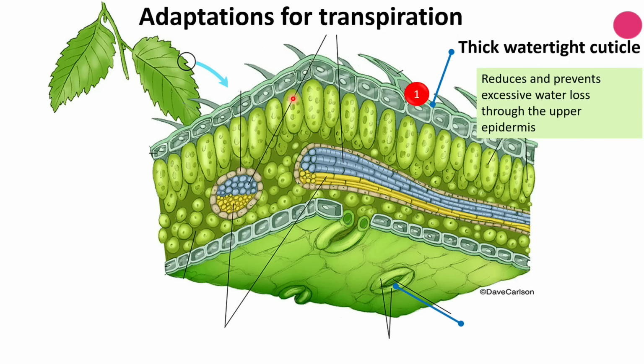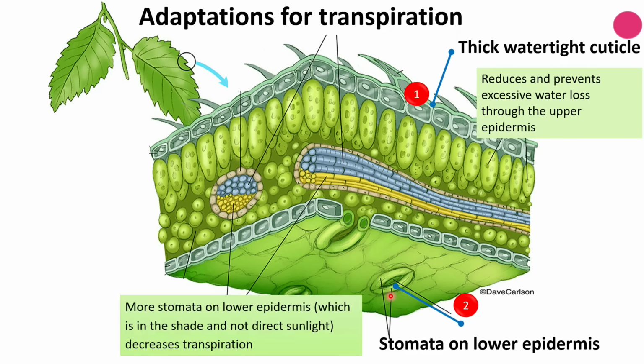Then on the lower side there are actually more stomata compared to the top, and this is a very smart adaptation because the lower side of the leaf isn't exposed to so much sunlight, so it's mostly in the shade, and being in the shade it won't lose as much water through transpiration.